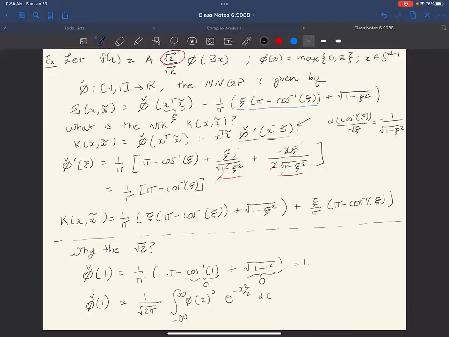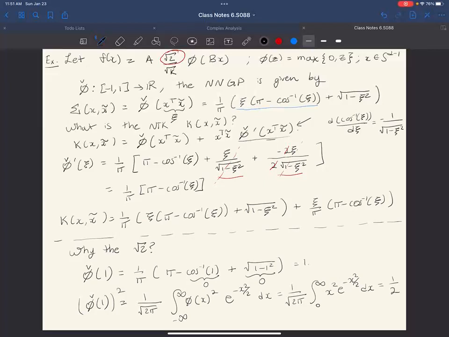So now we want this to be 1. Remember, phi now is the ReLU activation. So this is just 1 over root 2 pi times the integral from 0 to infinity of x squared e to the negative x squared over 2 dx. And sorry, this is phi at 1 squared. It should be the norm of phi at 1, of the dual squared. And so this is actually just 1/2.